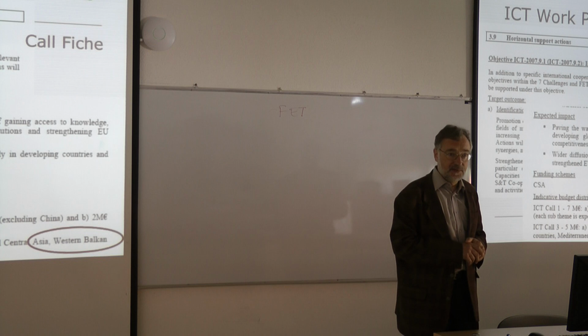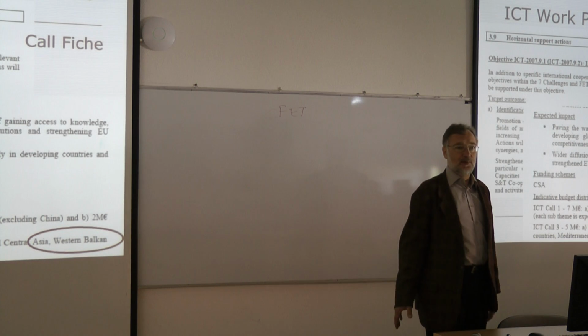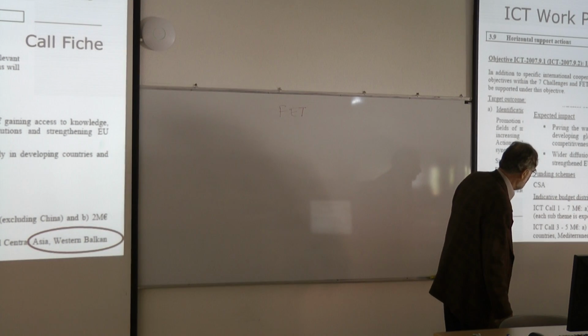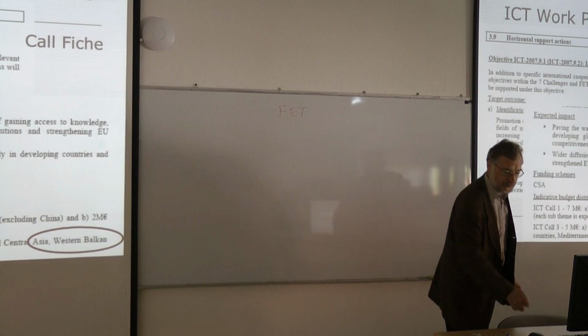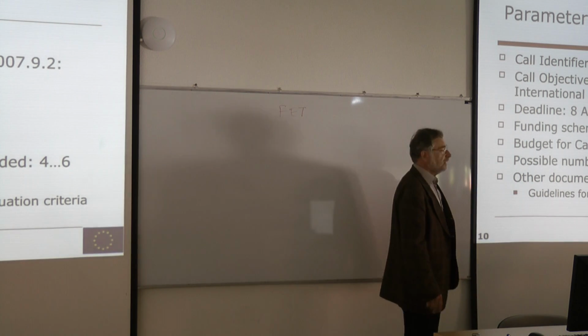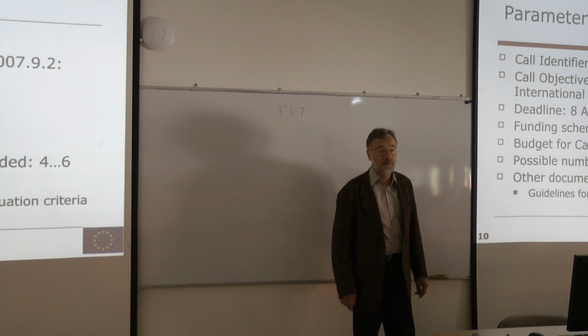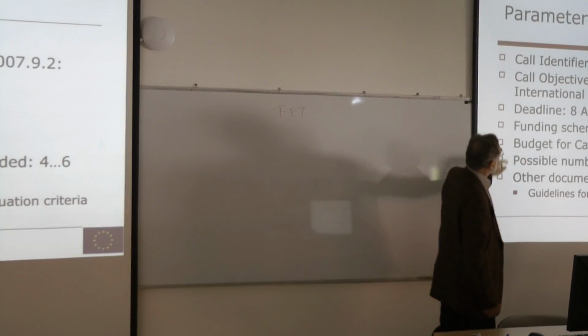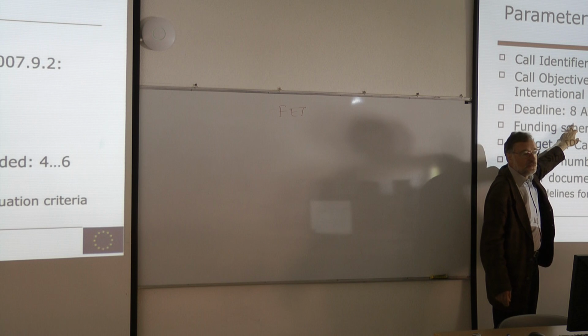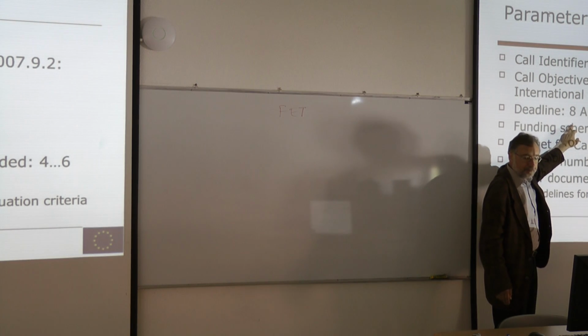So we read this and we said, yes, this is our idea, and here we can do something with this. There was a deadline, which is not on this slide. So we identified what I call here the parameters of the goal. Goal objective, international cooperation. There was a deadline, 8th of April 2008.